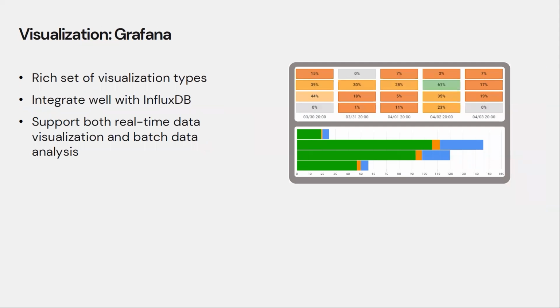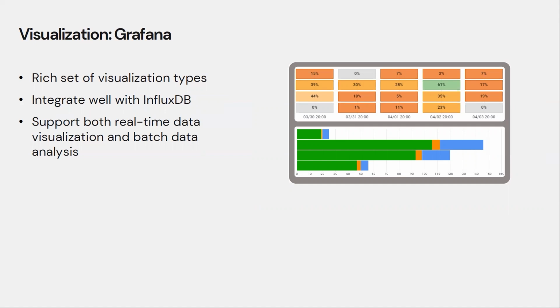When it comes to visualization, we find Grafana to be a very good tool. Grafana has a rich set of visualization types, from charts to tables to text, and you pretty much have everything you need there. Grafana also integrates very well with InfluxDB, which is not the case for a lot of BI type of software. So that's another advantage of Grafana.